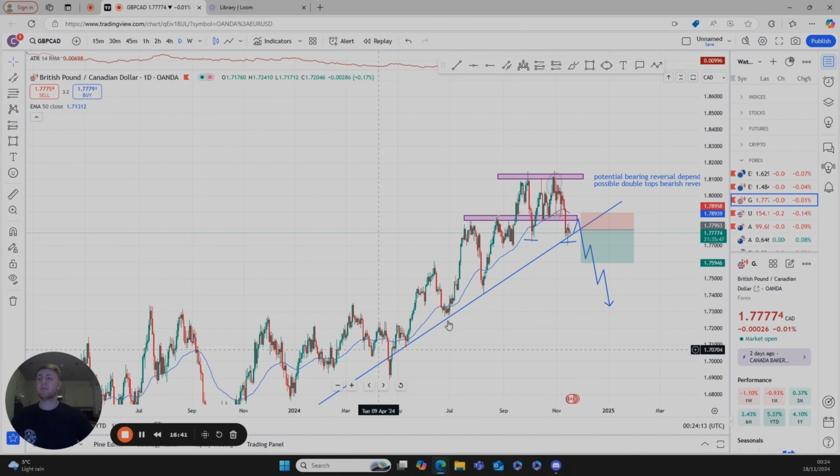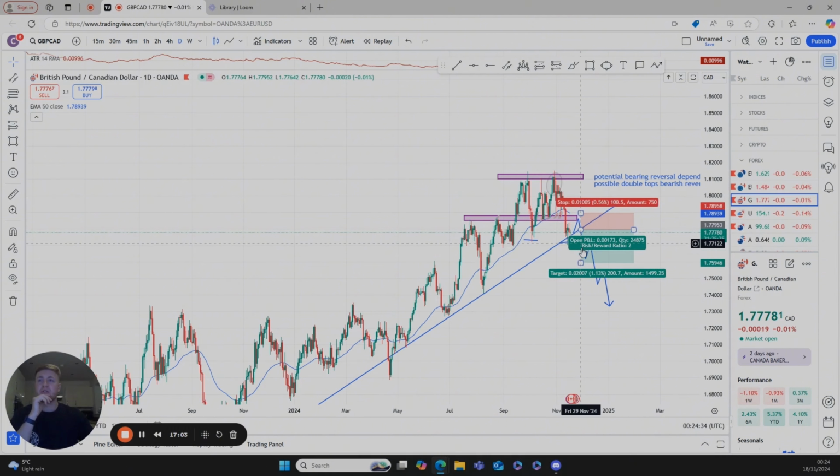So, as I say, bullish market, which has then had a double top, which is a bearish reversal. We've got this, the tweezer top, which is a bearish reversal. We've also now not got a new higher high and a new higher low. We've now got a lower high, which will then start forming new lower highs and lower lows.